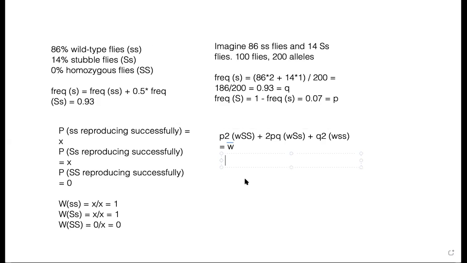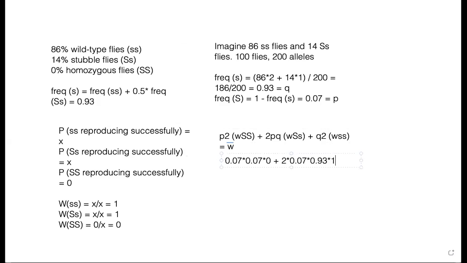All right, how do we actually calculate that? Well, that's 0.07 squared times the fitness of the big S genotype, which is 0. Okay, that's pretty easy to do. Plus 2pq, times 2 times 0.07 times 0.93 times 1.